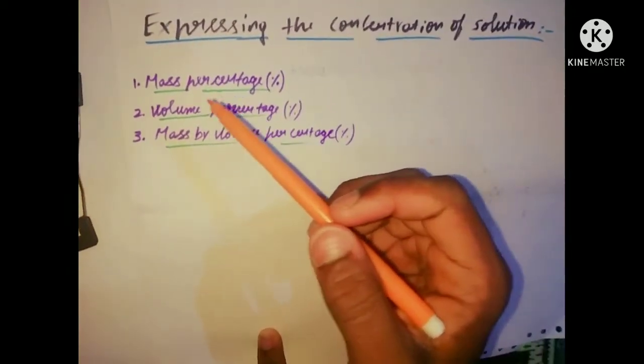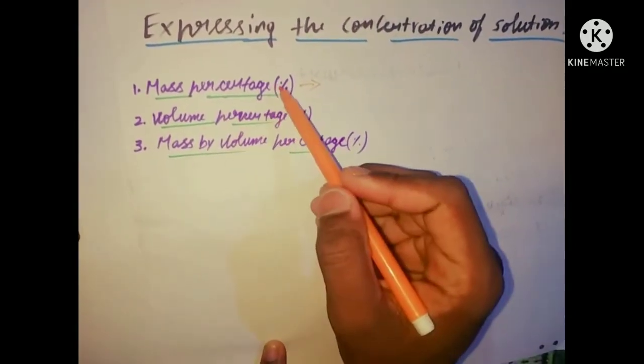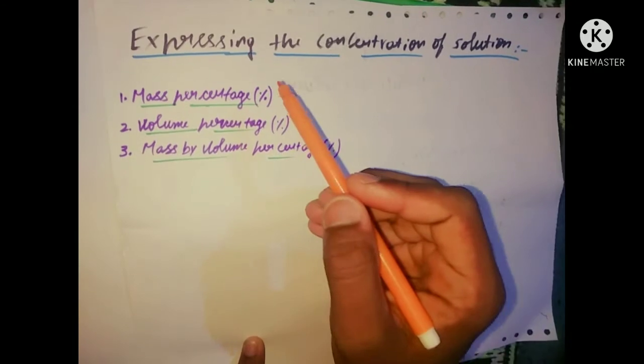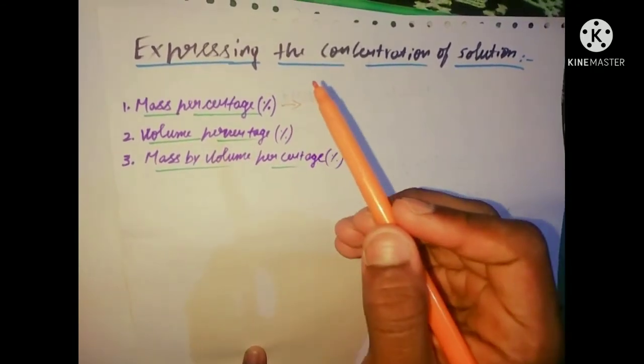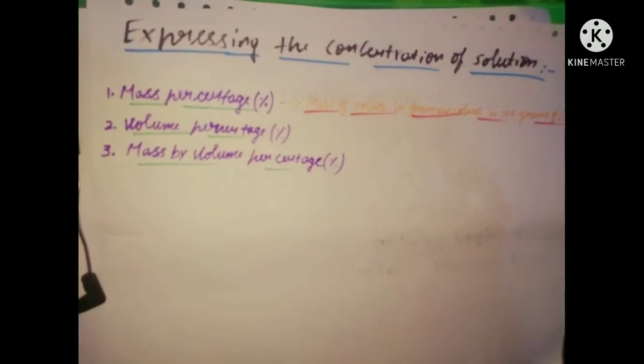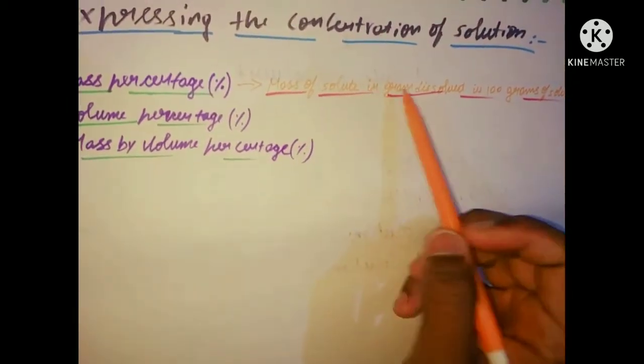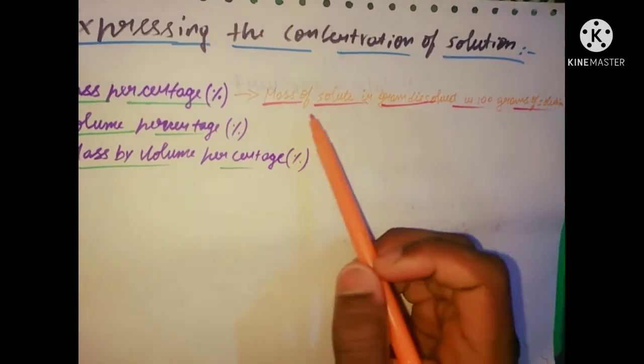First, we can learn what is meant by mass percent. Mass percent is nothing but mass of solute in gram dissolved in 100 grams of solution.